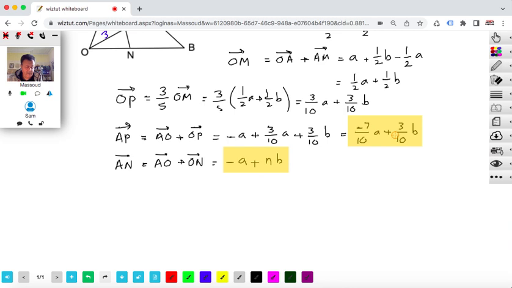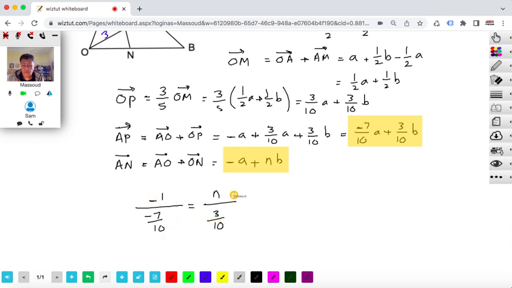I'm going to write the ratios as fractions because then I can just solve it as an equation. The AN to AP ratio of the A parts would be minus 1 to minus 7/10. The ratio of the A part to the A part has to be the same as the ratio of the B part to the B part. It's just an equal fraction to solve as an equation.